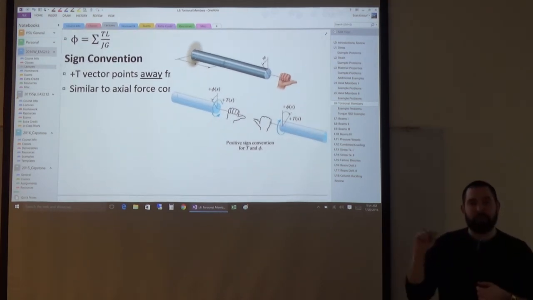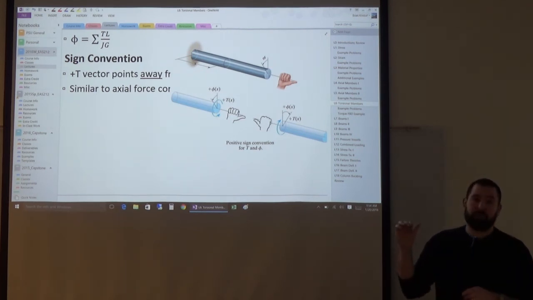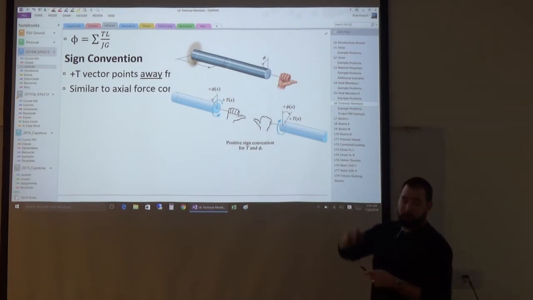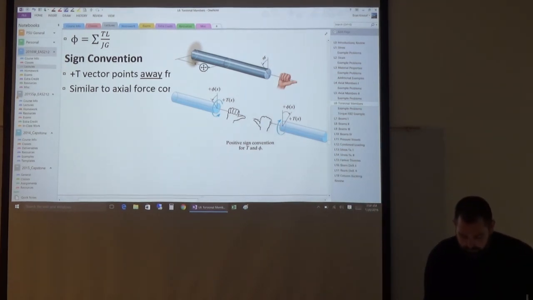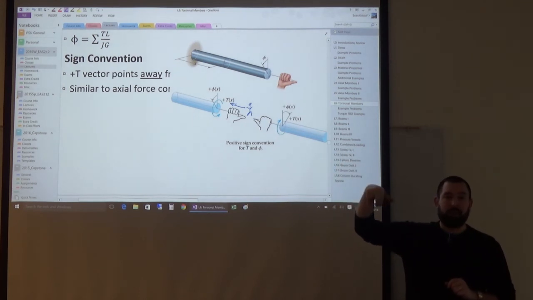Just like I said when we were looking at the internal torque, the assumed torque in a two-dimensional vector is pointed away from the section cut. If you use the right-hand rule, another way to think about that is if you're looking at the cross-section itself, if I was standing here and I was looking at the cross-section, that means the torque is going counterclockwise.